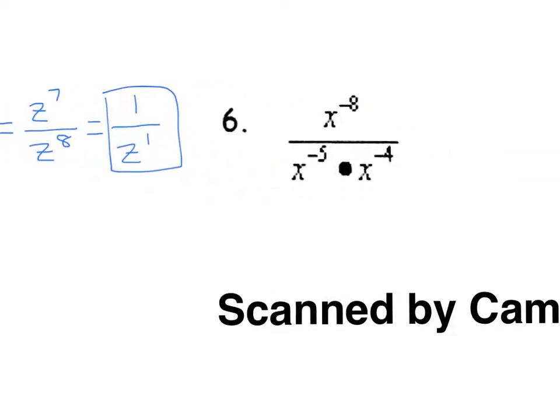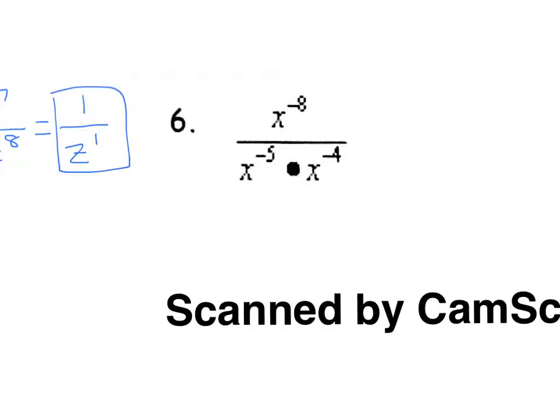Okay. Number 6, sometimes you have multi-step. Sometimes you have to do several things first. Like, for example, in this problem, I probably should take care of this piece first. Since this is multiplication, if you remember from before, multiplication tells me that I add the exponents. So on the bottom here, I have x to the negative fifth and x to the negative fourth.